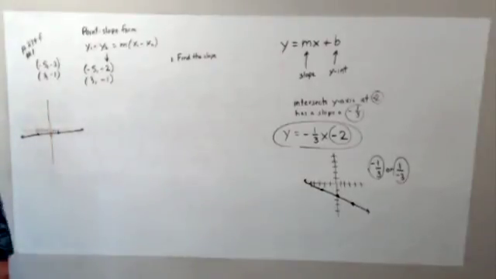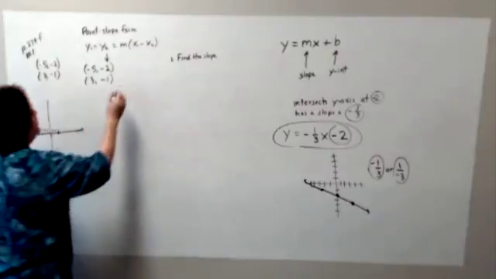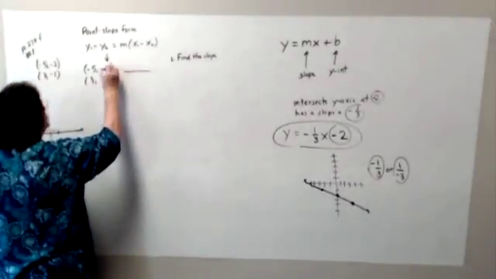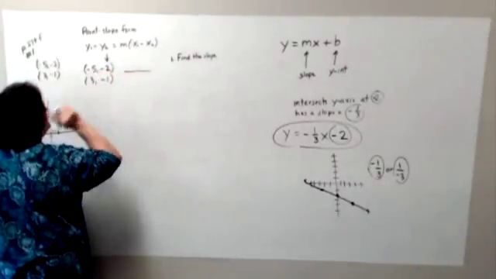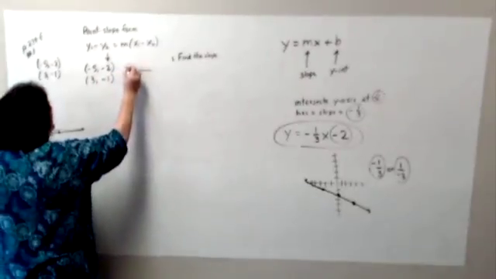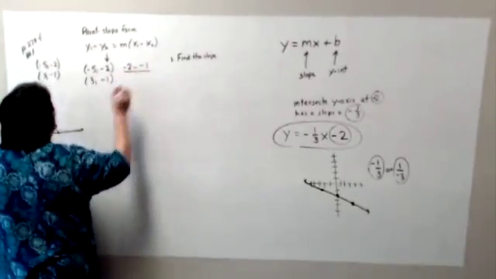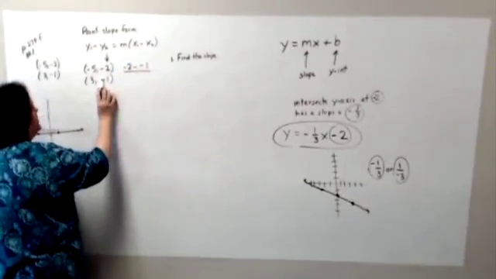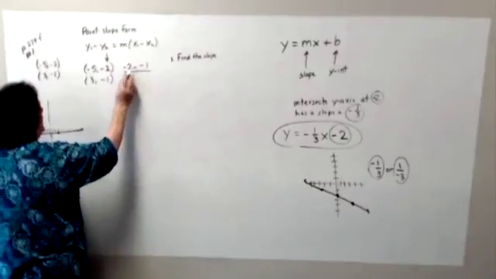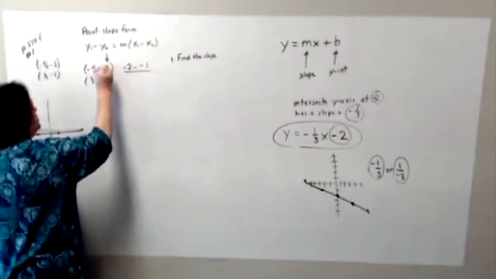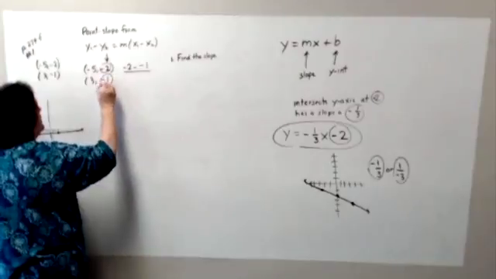This is what we did for homework. The numerator is this one minus this one, the difference in y, -2 minus -1. Don't forget that this negative sign is not your minus sign. This one minus this one.